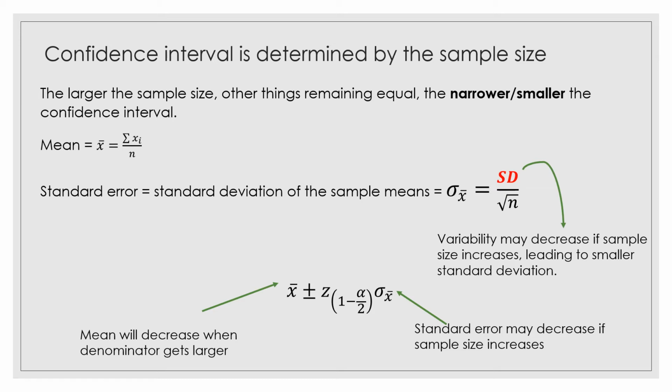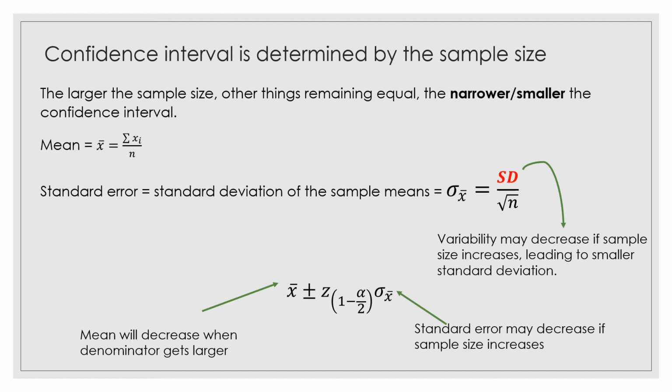And when we increase the sample size, the variability in the larger data set may decrease, and this can lead to a smaller standard deviation. And this in turn will lead to a smaller standard error.